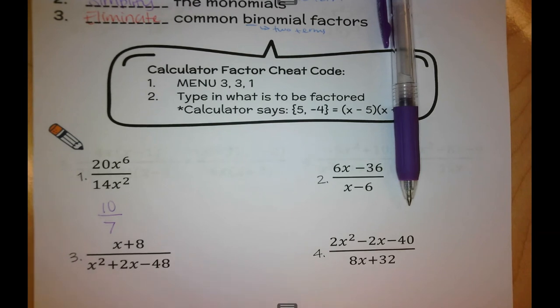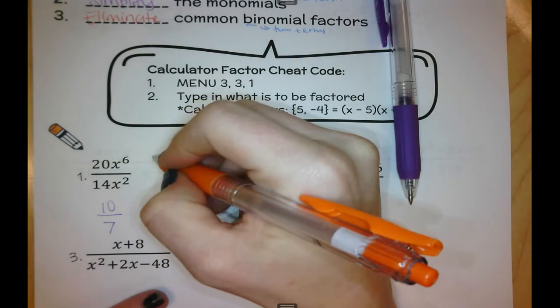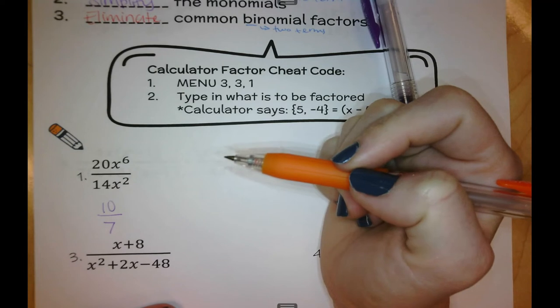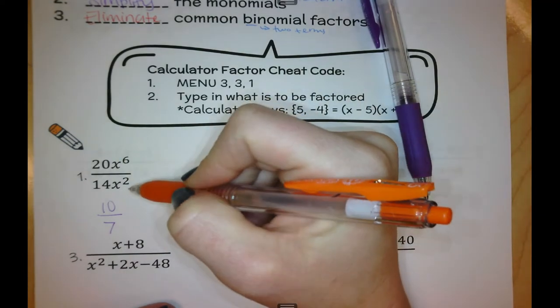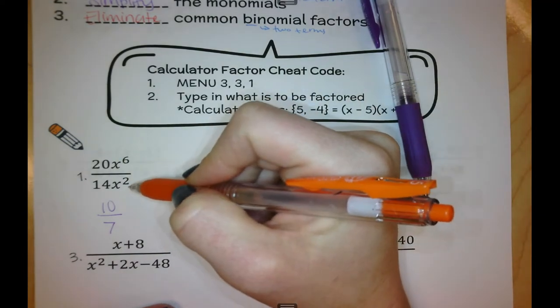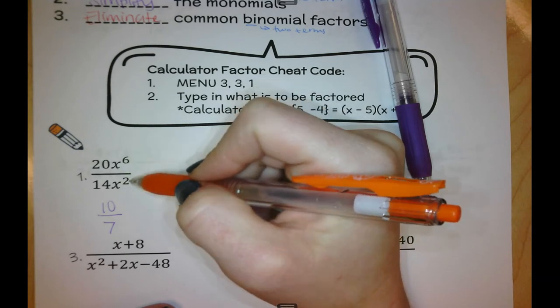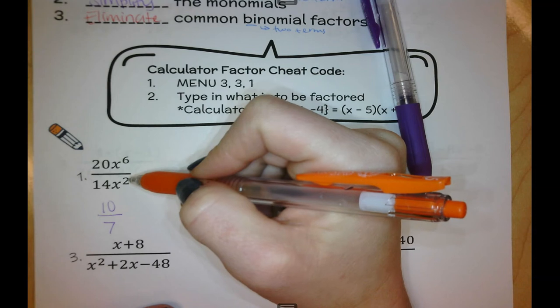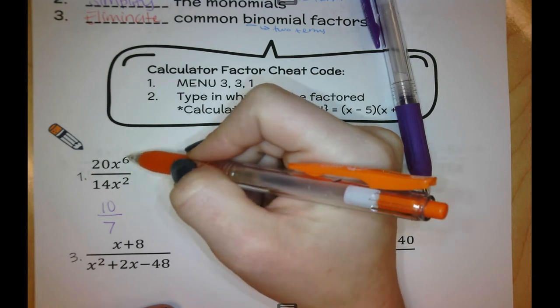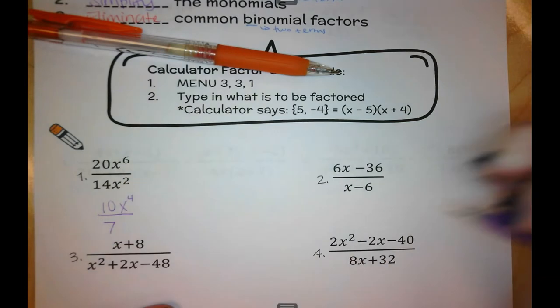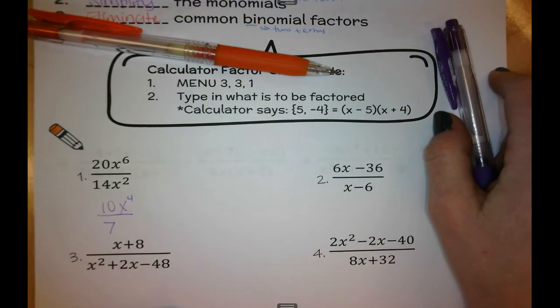All right, I don't know if you guys remember from doing this before, but now we need to simplify our variables. We have 6 x's on top and 2 x's on bottom. So one way to do this is to subtract 6 minus 2. That's 4. Since the 6 is on top, that will be x to the 4th on the top of your fraction.